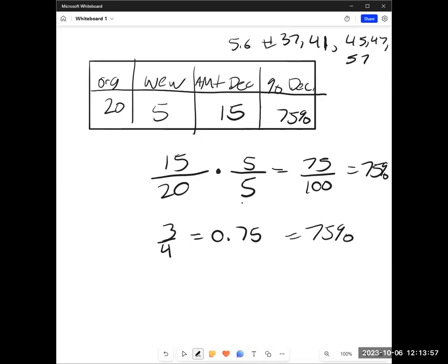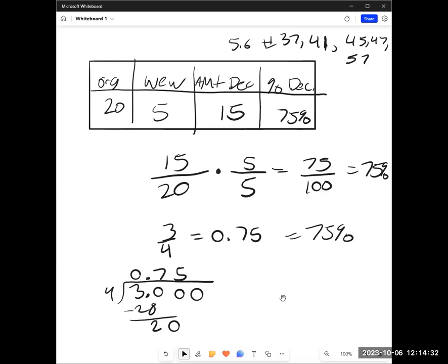But if we did not know 3/4 as a decimal, we could do long division. 4 does not go into 3, but it goes into 30 7 times, which is 28. Subtract and get a 2, bring down the 0. 4 goes into 20 5 times, and my exact answer is 75 hundredths. We move the decimal place 2 places to the right and add a percent sign.